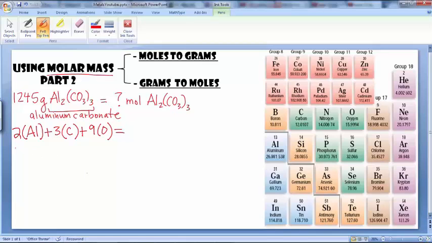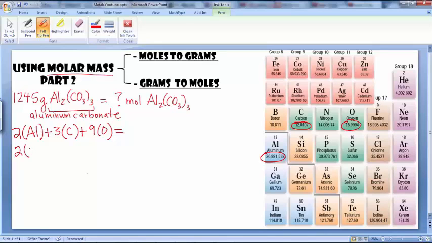So let's put in some atomic masses. Aluminum on the periodic table right here. And what do we have? Carbon right here again, and oxygen. So as I said in the last video, to calculate the molar mass and do these mole to gram and gram to mole calculations, you will need a periodic table.